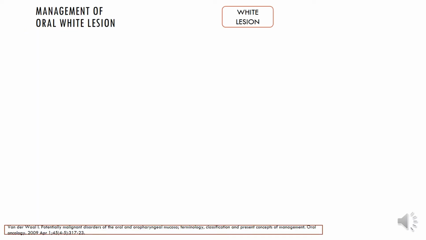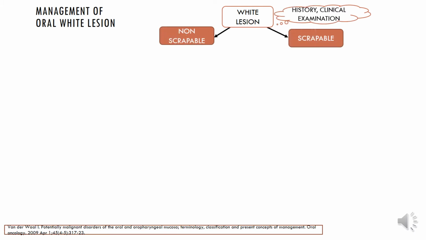So this brings us to the algorithm of management of oral white lesions. When you look at a predominantly white lesion, what should we do? First of all, it's important to identify whether the white lesion is scrapable or not scrapable. When you're deciding this, you have to keep in mind the history and the clinical examination of the case as well.